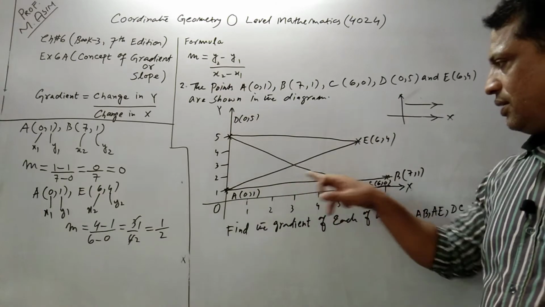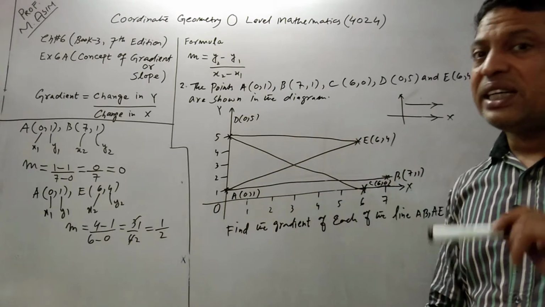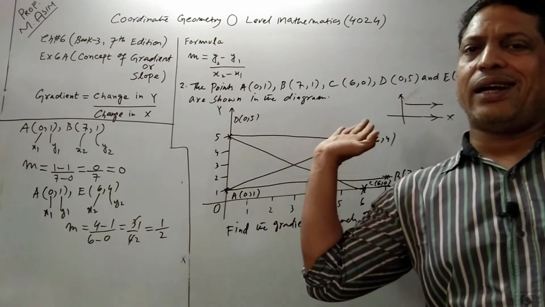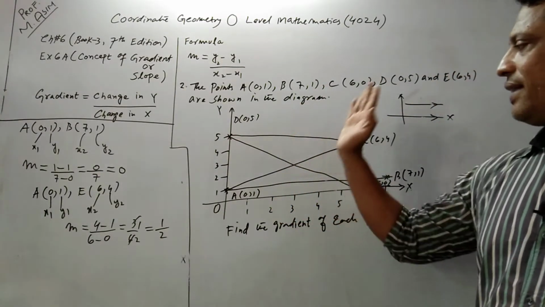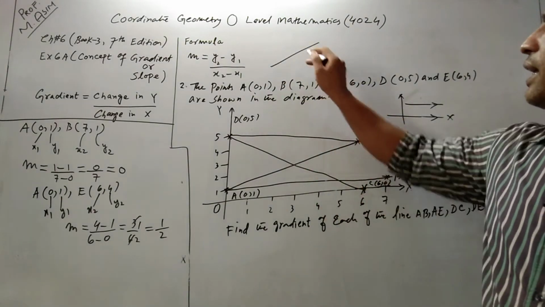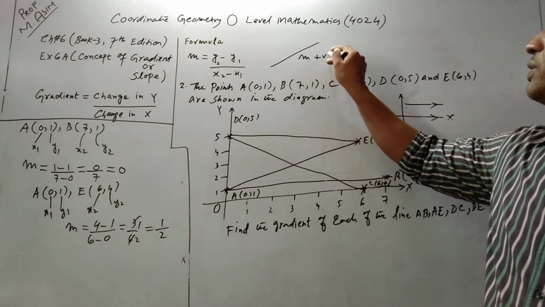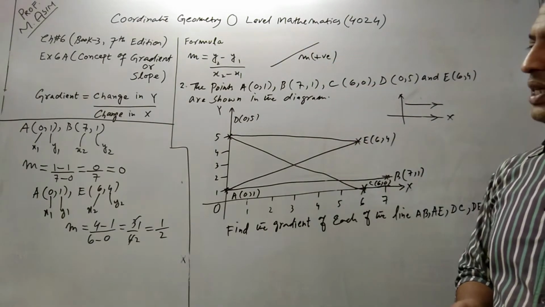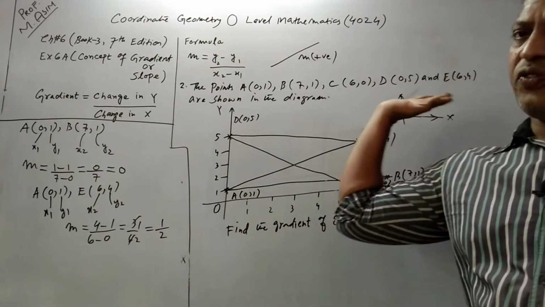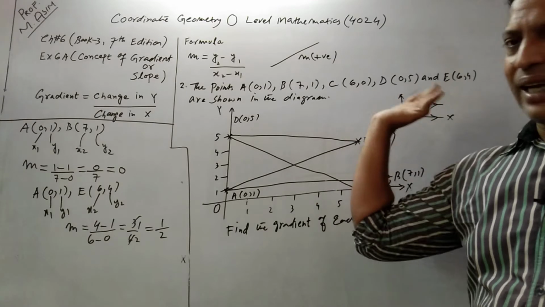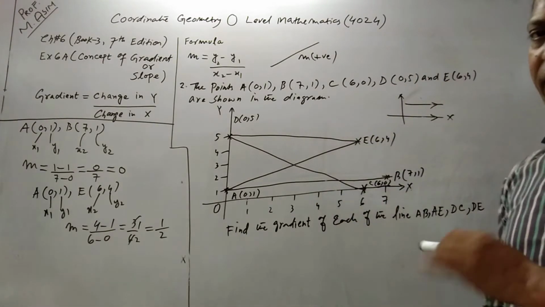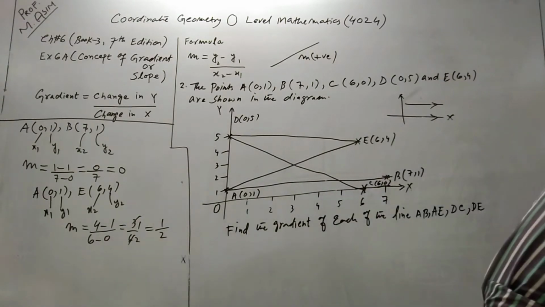This answer, the AE gradient, positive answer, shows if the line is on the right side of the y-axis like this, tilted to the right, the gradient is always positive, never negative. Next part.